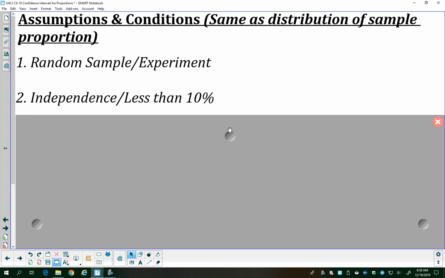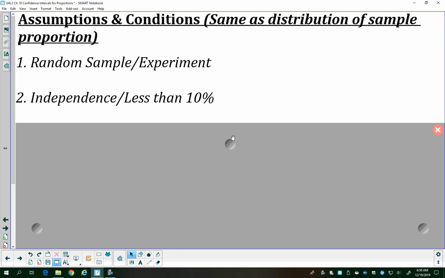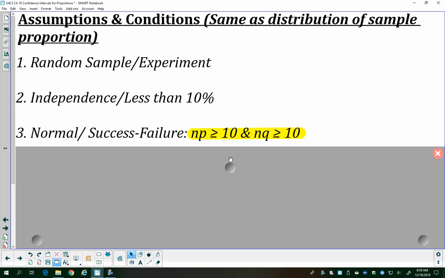We need our individuals in the sample to be independent, or less than 10%. And we need to meet the success-failure condition, where n times p and n times q are both greater than or equal to 10.